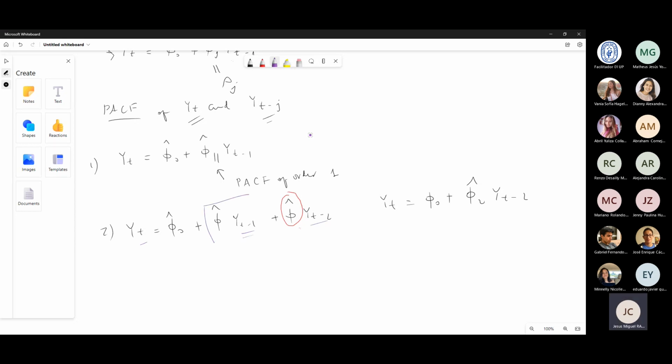So you eliminate the effect of this lag here. So the effect of this lag is eliminated in this coefficient.